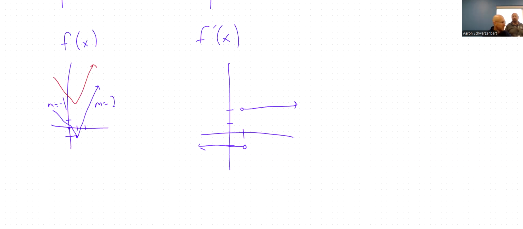Okay, that would still have the same derivative. If they didn't tell me it was continuous, or a point, it could be that. And yeah, same slope. Okay, so it's important that they give you some hint, okay?